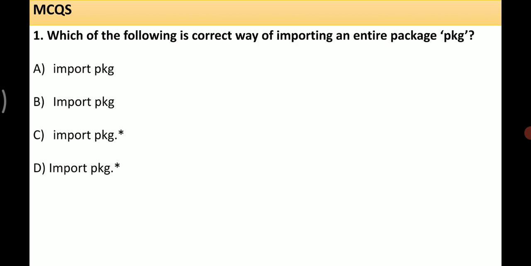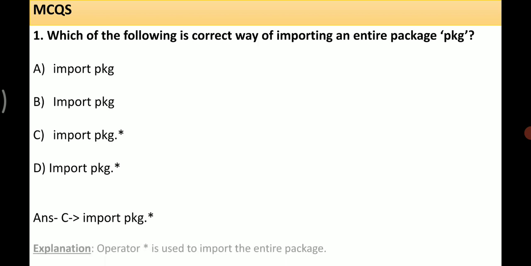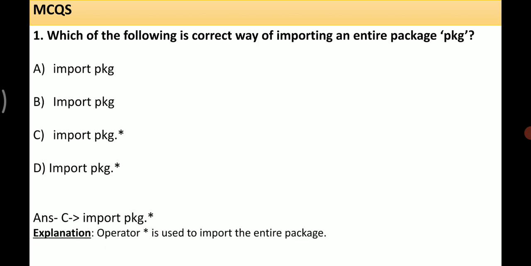You can see capital letters and small letters, these variations are there. And for this question, the answer is C. We have import package dot asterisk. So that is the correct way of importing an entire package. The operator asterisk has to be used if you want to import the entire package.